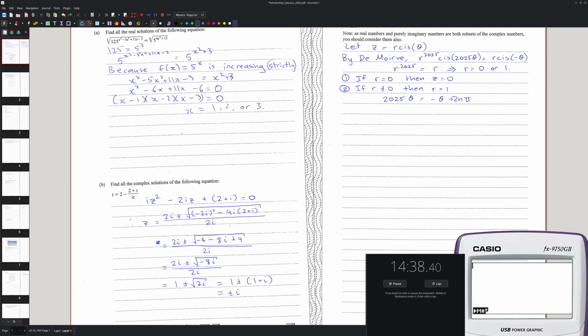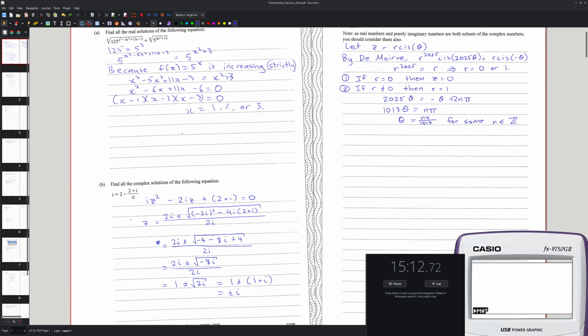Let me look up the formula sheet. Okay, I think it is. Wait, yeah, I think it is 2n pi. Okay, so we get 2026 theta is equal to 2n pi, so theta is equal to n pi over 1013 for some n which is an integer, right?